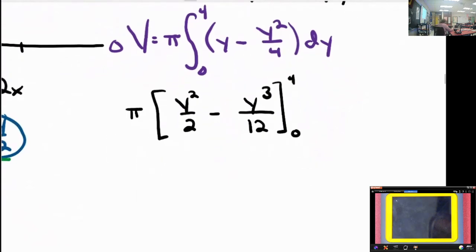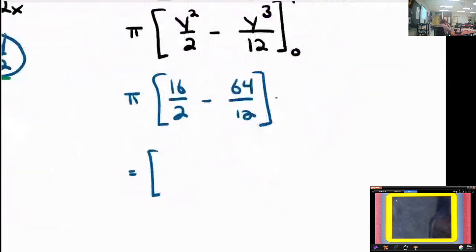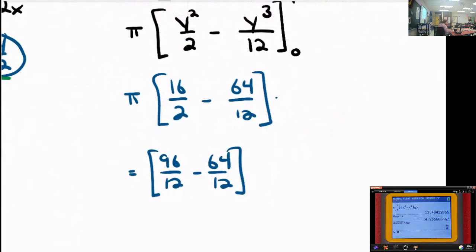And again, I'm just trying to do this one without a calculator just for fun. You could easily put it in a calculator. Plugging in 4 would give you 16 over 2, which is 8. And plugging in 4 there would give you 64 over 12. If I multiply 8 by 12 over 12, this is 96 twelfths minus 64 twelfths. 96 minus 64 is 32.